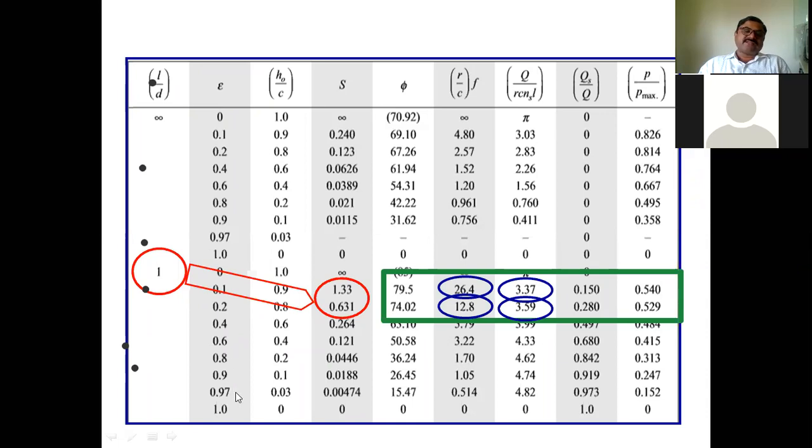If it increases beyond that, there may be a possibility of direct contact between the journal and the bearing. So looking at this value, you will get the idea that it operates at low eccentricity, that means low load, and the bearing has more capacity to take the load.